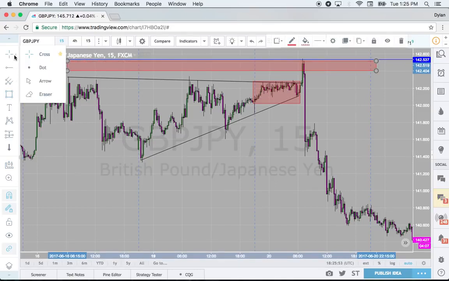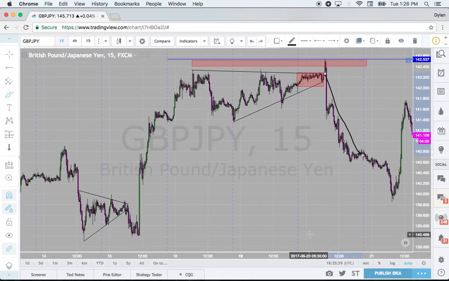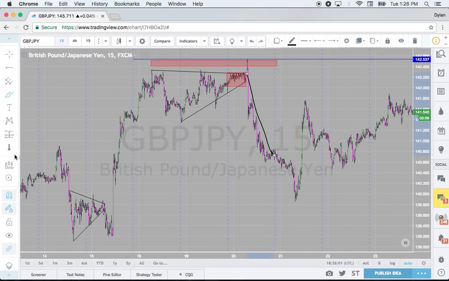And then we can see that downward push. That is a 250, 260 pip drop within about a day and a half.